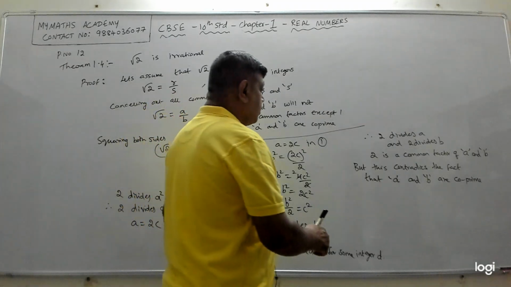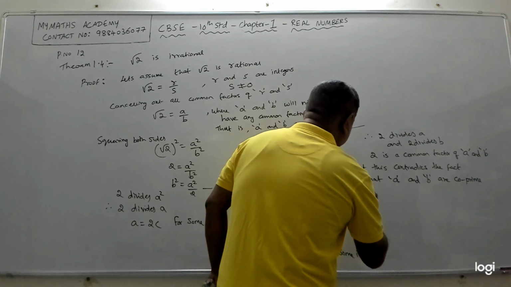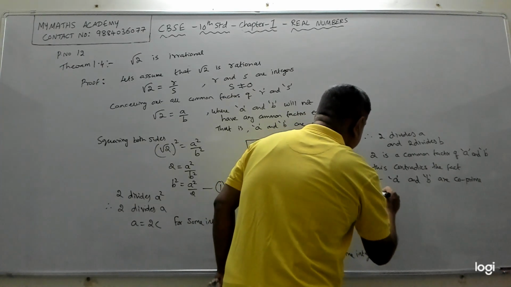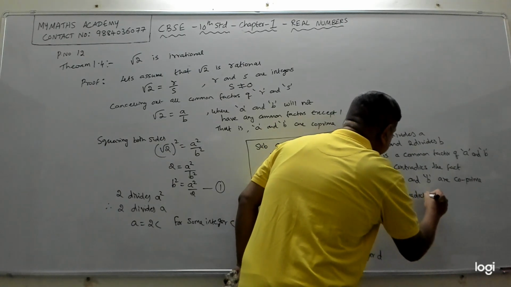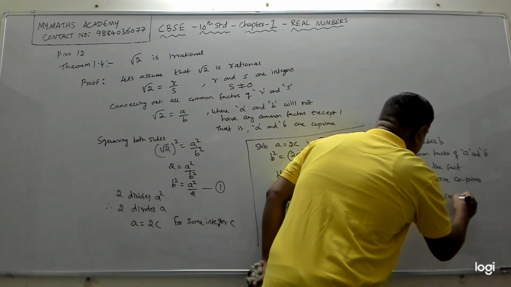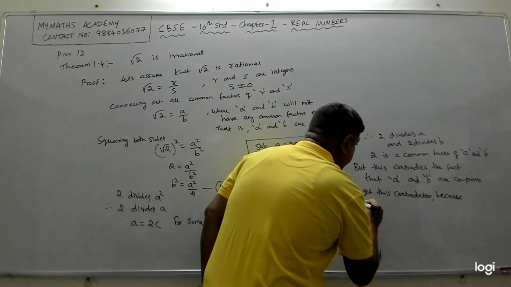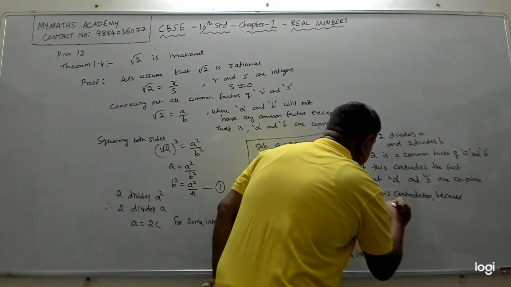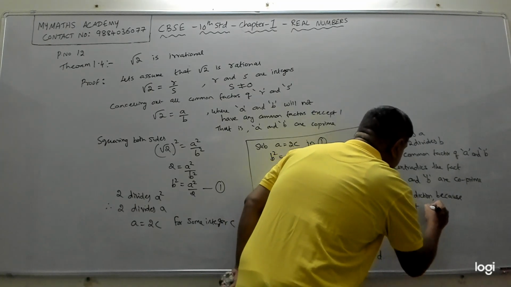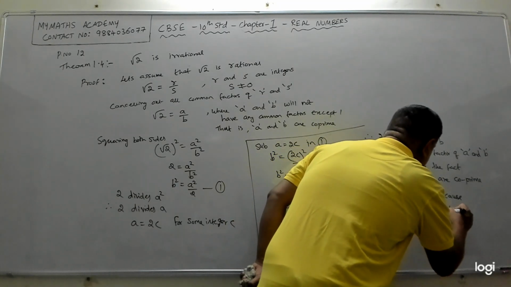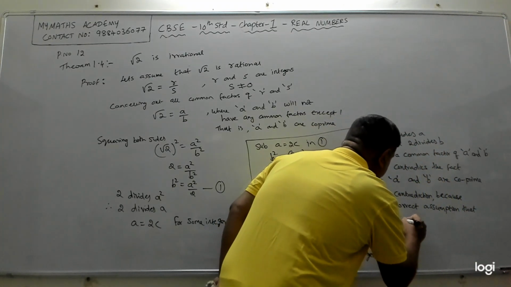So, what we do? This contradicts the fact that a and b are co-prime, right? We get this contradiction because of our incorrect assumption that root 2 is rational.